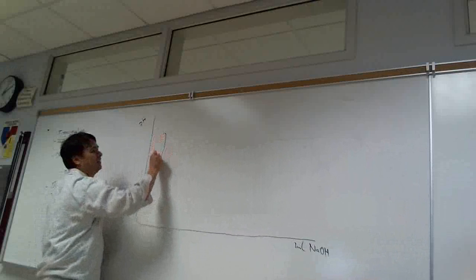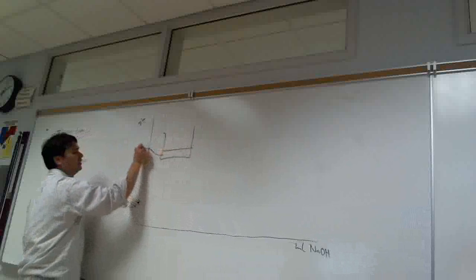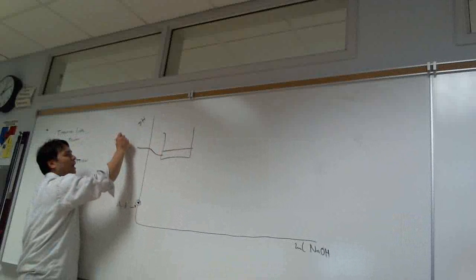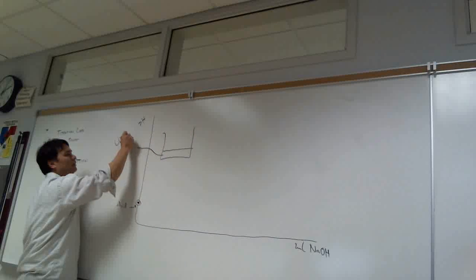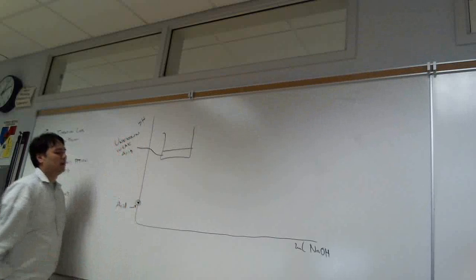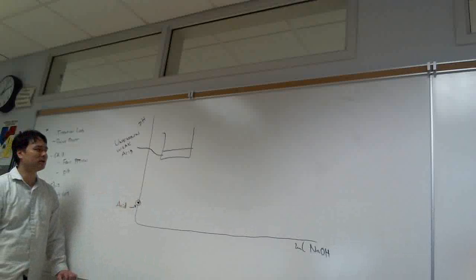And the acid is going to be an organic acid, which is weak. And so we have the unknown weak acid. And so the pH is going to start kind of high, not as low as something like a strong acid.